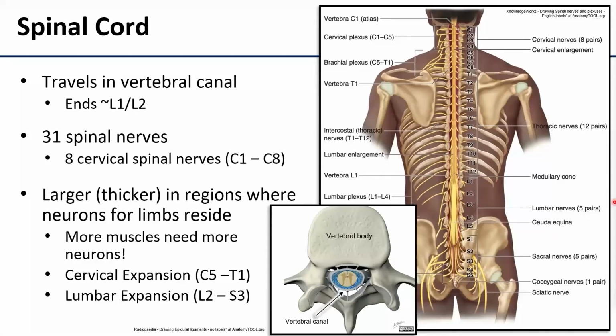All right, there are 33 of these spinal nerves in total, and you are going to be responsible for just 8 of them. Those are the 8 cervical spinal nerves. So these are numbered from superior to inferior, with C1 coming out between the cranium and the first cervical vertebra, and C8 exiting out here between the 7th cervical vertebra and the first thoracic vertebra.